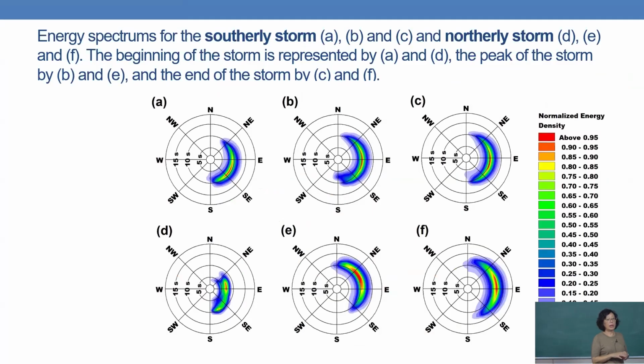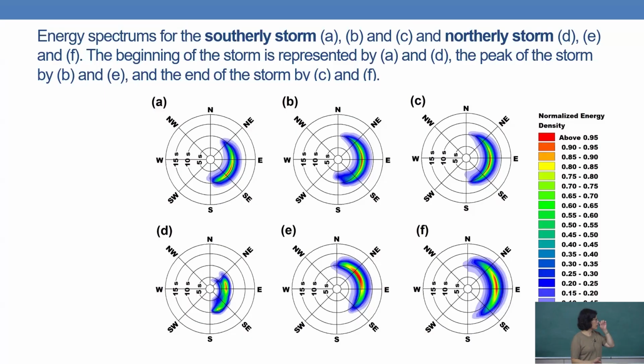So when we are looking at the result, not only looking at the wave height, we also look at the energy distribution. So that's the polar graph we used as well. You are able to see, for example, the wave spectrum distribution, what range of direction, and also what range of period.